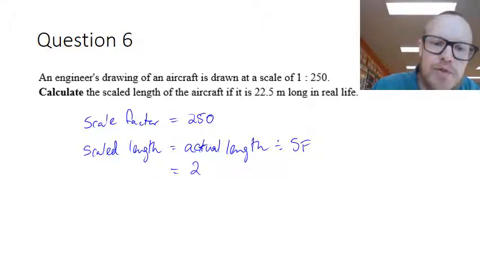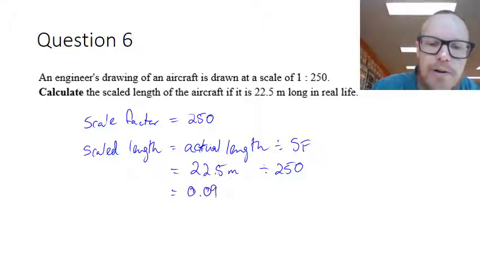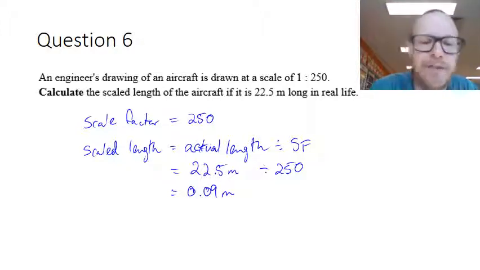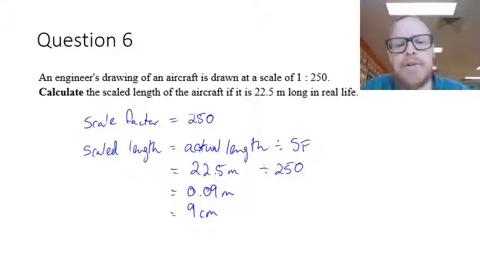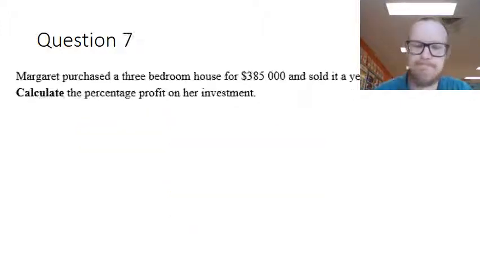So the actual length is 22.5 metres, divided by the scale factor 250, and we get that the scaled length is 0.09 metres. Should probably convert it to centimetres, because 0.09 metres is a bit awkward. So we can multiply it by 100 to get it in centimetres.